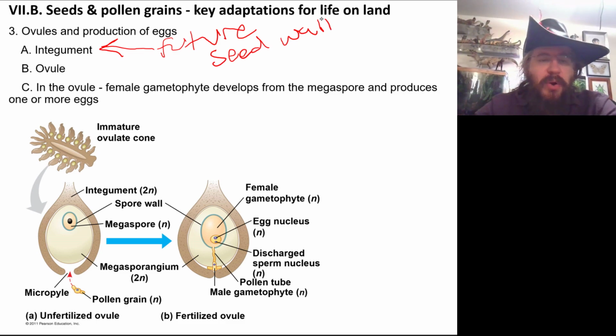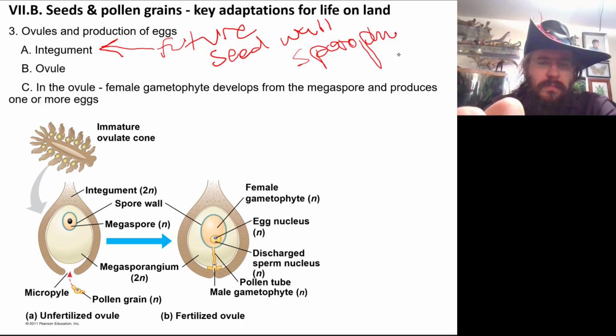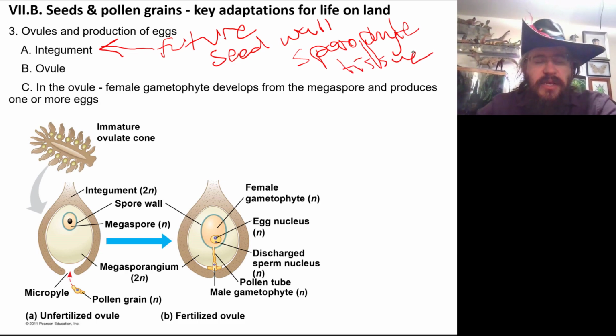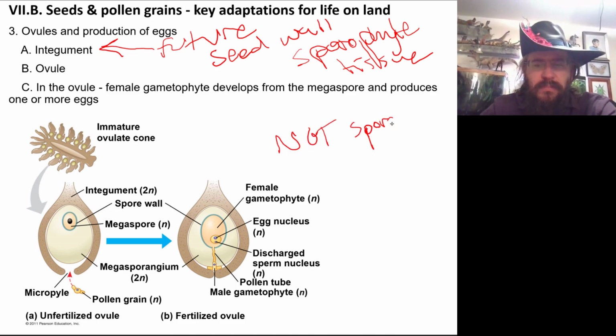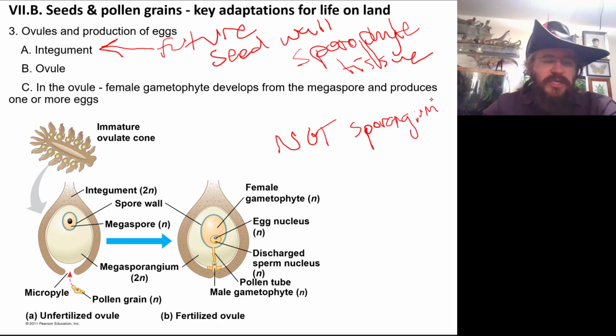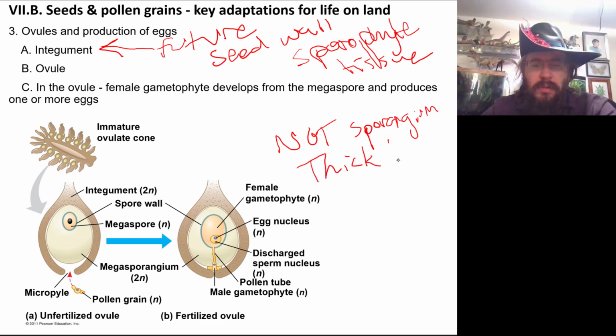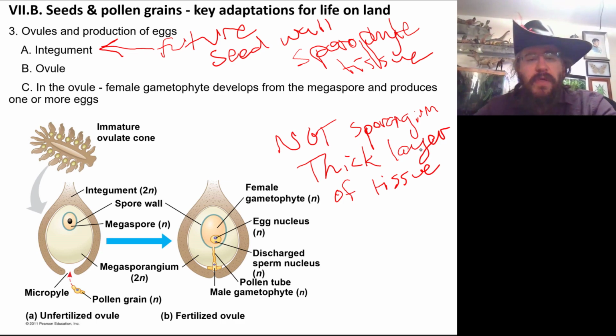And it is sporophyte tissue. And without getting discombobulated, it is not sporangium. So it's literally just a thick layer of tissue that will become the protective seed wall.